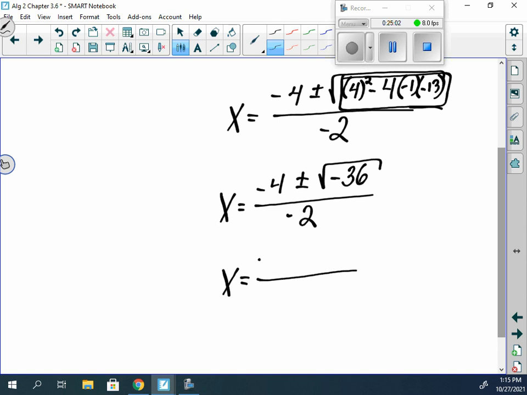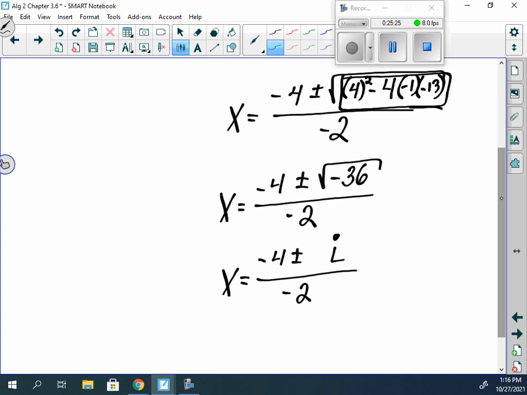Now that we have that figured out, well, -4, -2, we can simplify the square root of -36. Well, we know the negative is going to come out as what? I. Because anytime we have a negative inside of a radical or inside a square root, it's going to come out as i. Which leaves us with what?